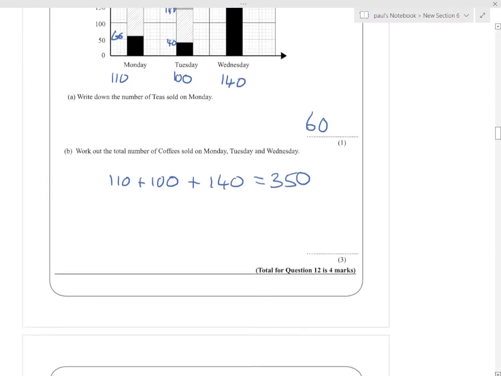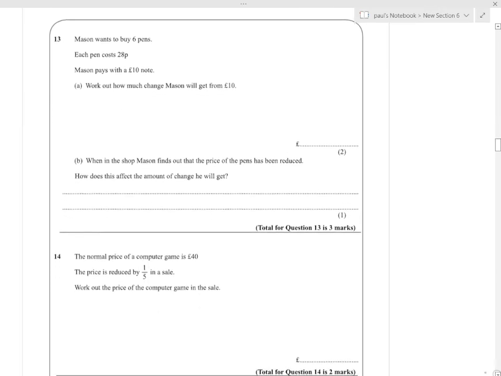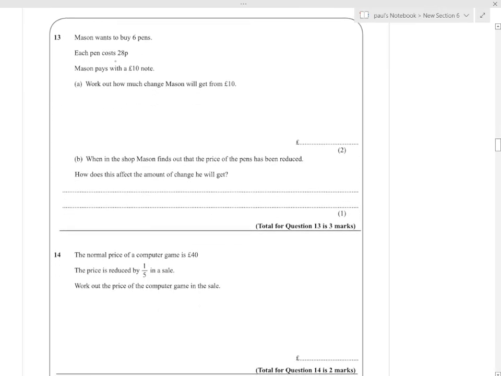Right, what we got next? Mason wants to buy 6 pens. Each pen costs 28p. He pays with a £10 note. How much change will he get? So we've got 28 times 6. 6 8s are 48. 2 6s are 12. 16. So it's going to cost him £1.68.